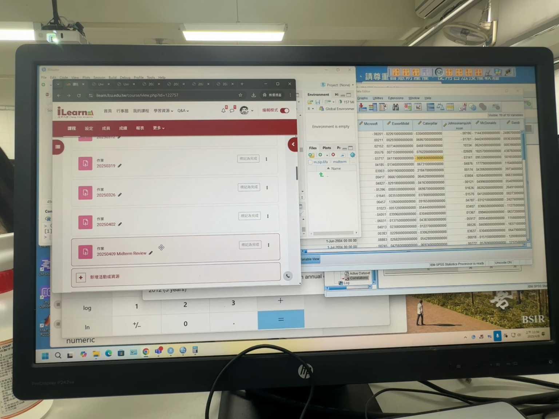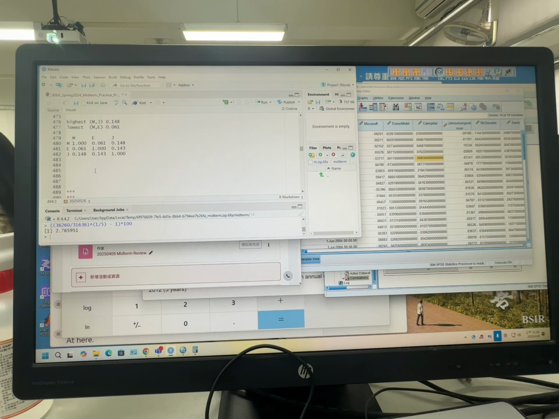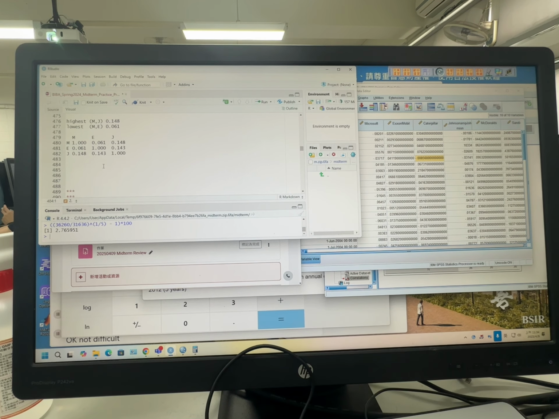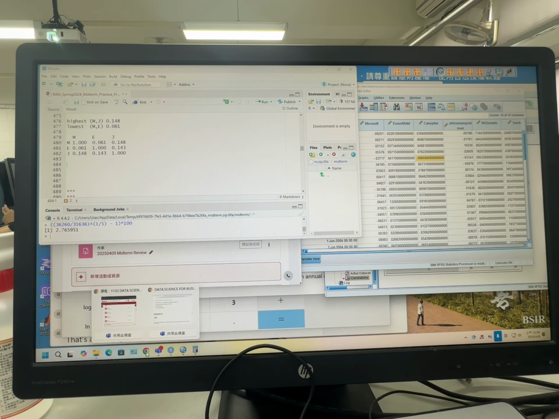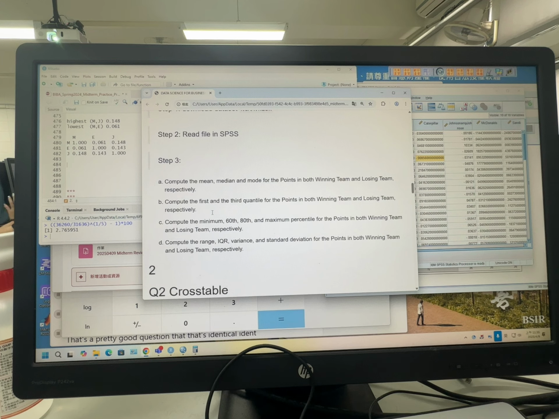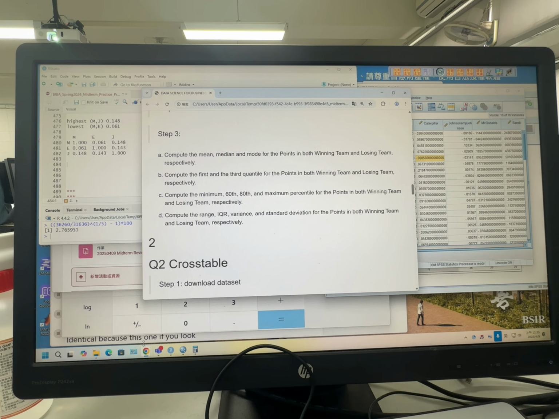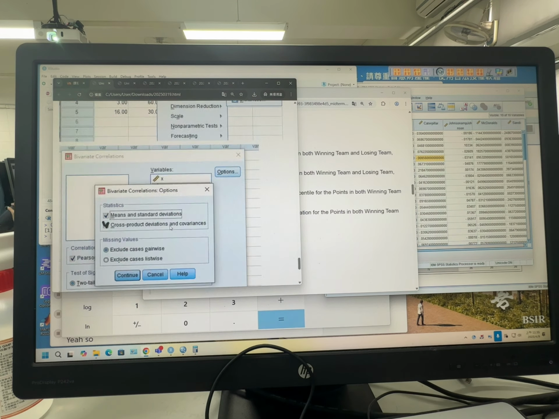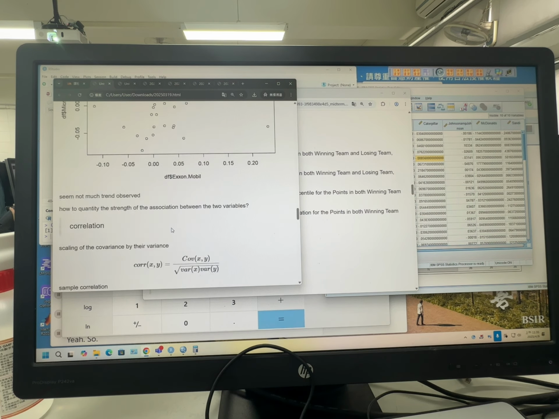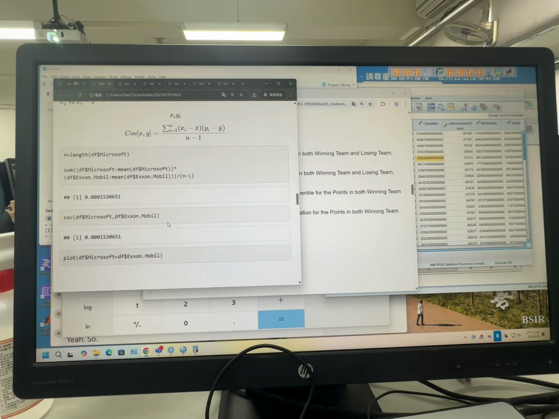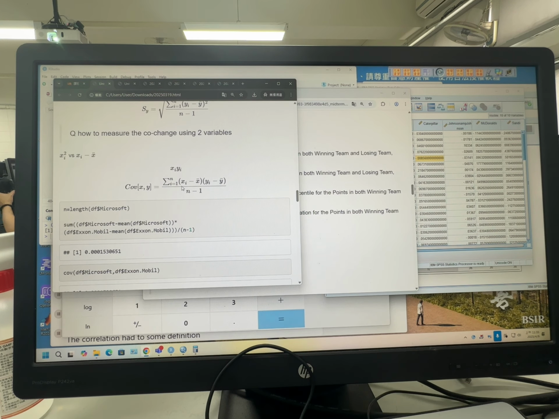What is the highest number now? 1. Here? Okay, that's because it's totally identical. Right? That's a pretty good question. That's identical because, if we look at the notebook we have, the correlation has some definition.